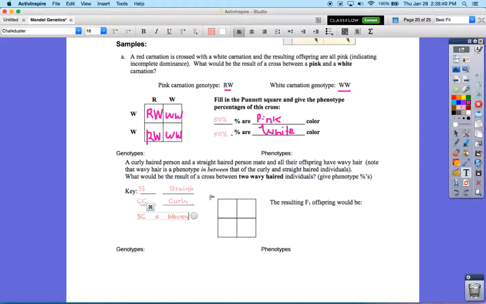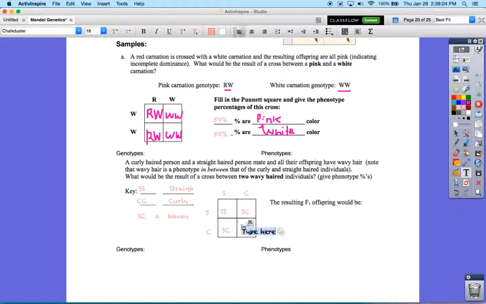Okay, so what happens when we combine 2 wavy-haired individuals? Well, we just said that if it's wavy, it's SC. Same thing over here, we get S and C. And so in this box, we get SS. Over here, we get SC. Down here, we get SC.